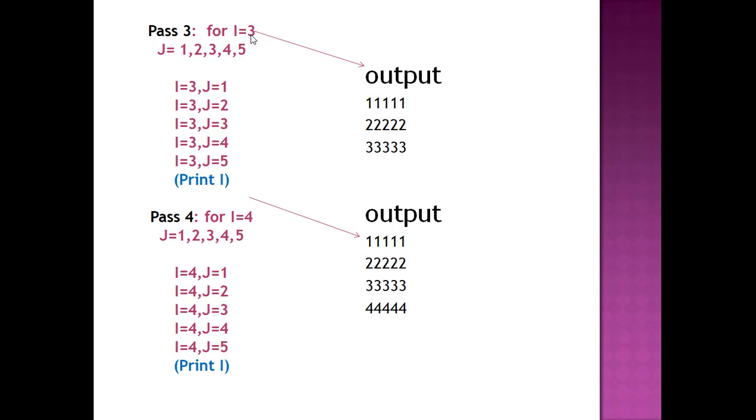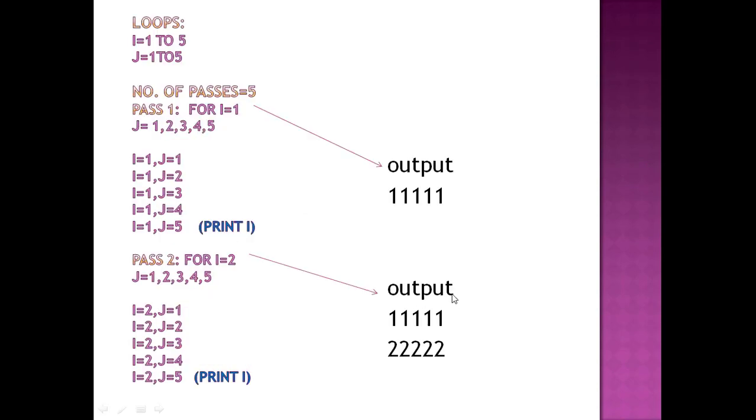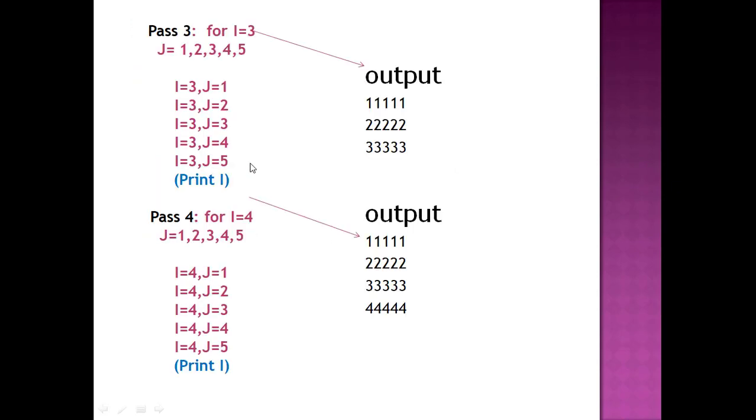So we are in the third row and again j is 1 2 3 4 5. So this loop goes from 1 to 5 and i is 3 here. So 3 will be printed. In the second pass the output will be in the first row 5 times 1 and in the second row 5 times 2. And for pass 3 the output will be 5 times 1, 5 times 2 and 5 times 3. So this output is for the first 3 passes.